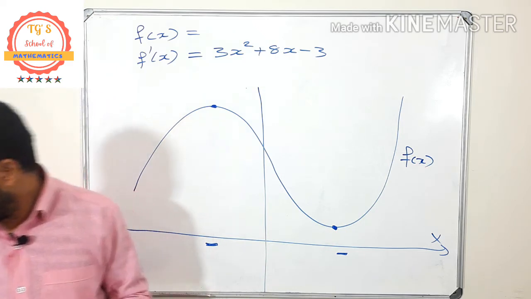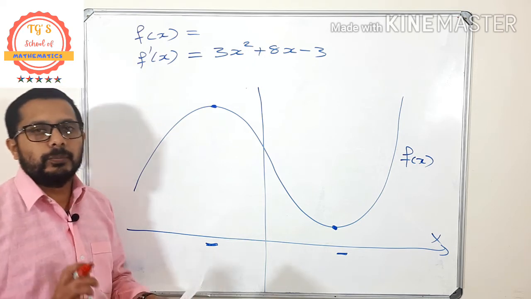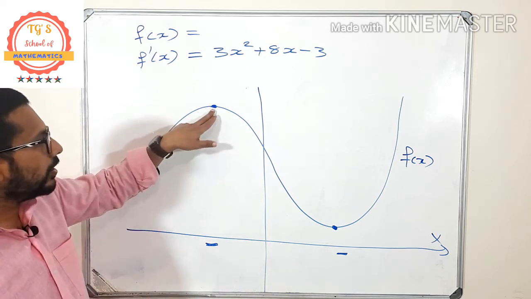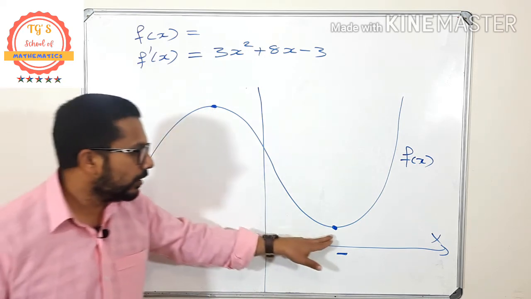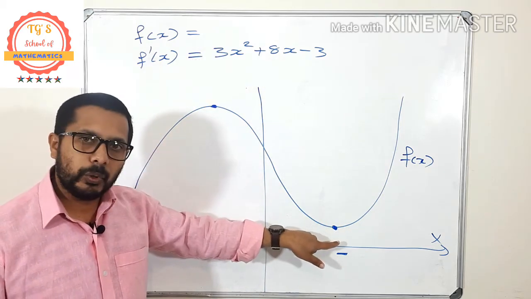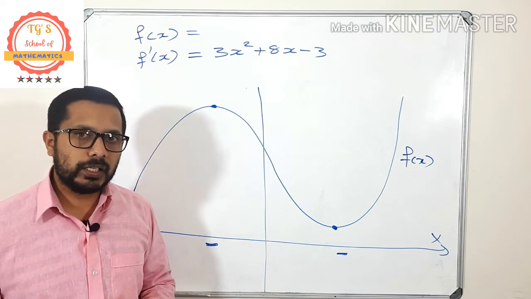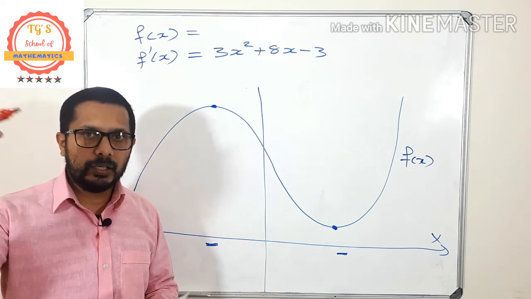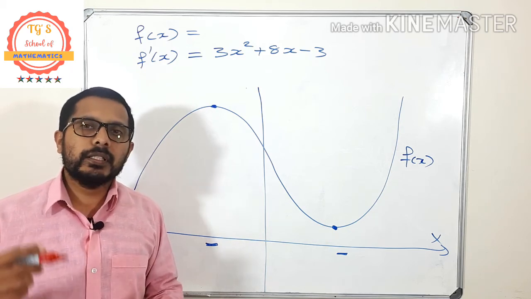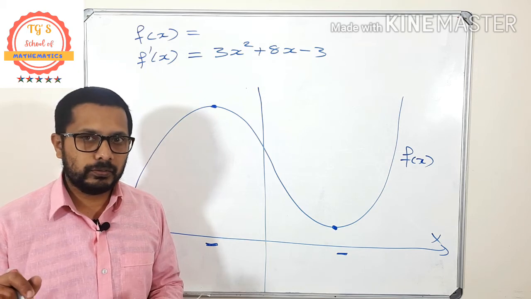Okay, so before we start doing this question, you have to understand some theory part. At these stationary points, this stationary point is the maximum point and minimum point. At maximum and minimum, what you studied in your class, at maximum and minimum, the first derivative is equal to 0. What is that?